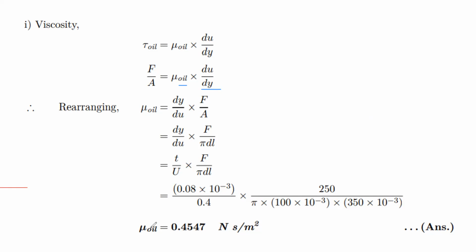So therefore, the dynamic viscosity of oil, after simplifying the above equation, I got 0.4547 Newton second per meter square.